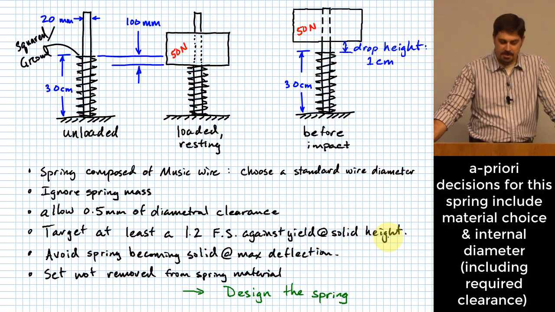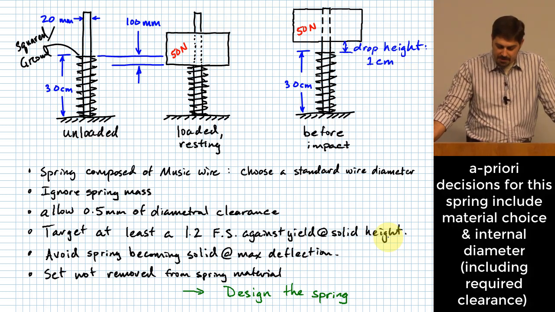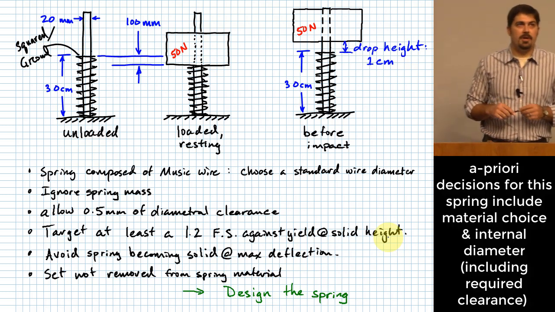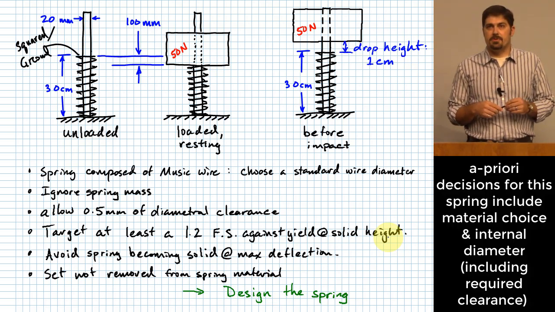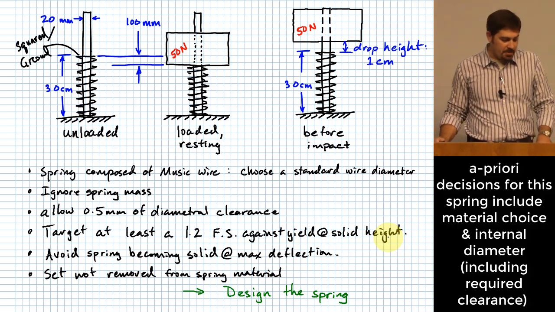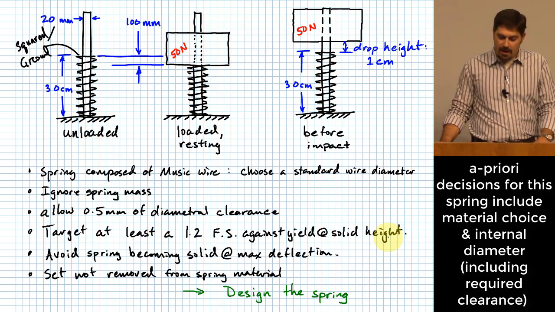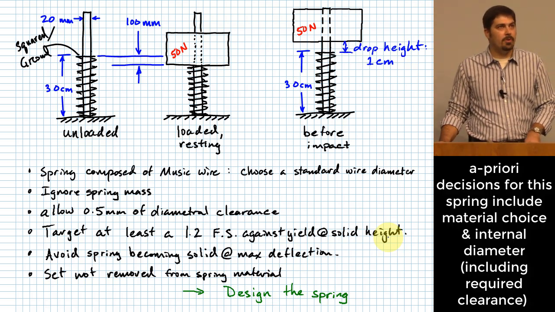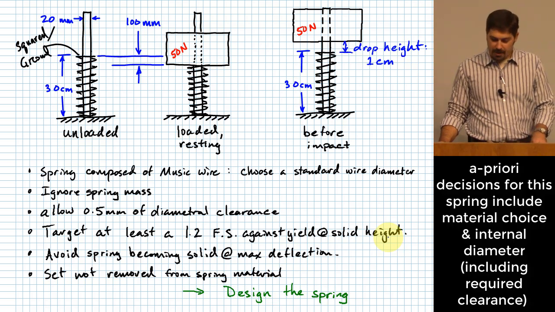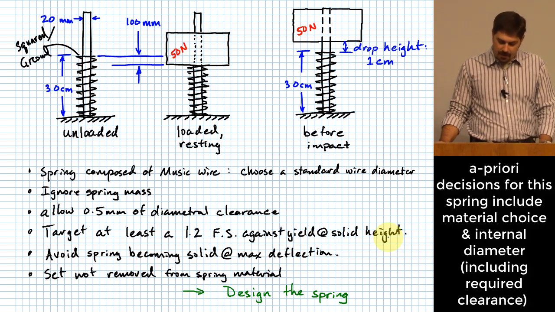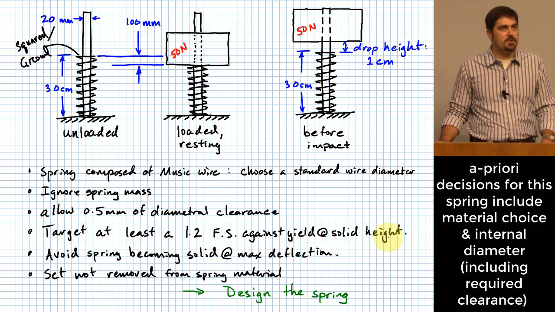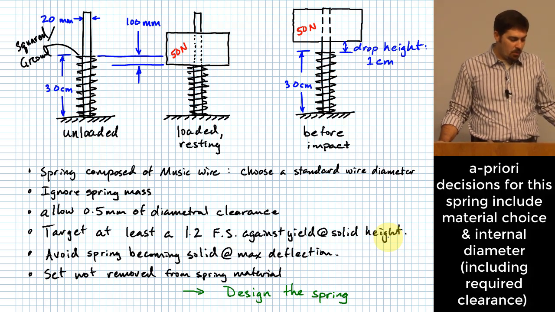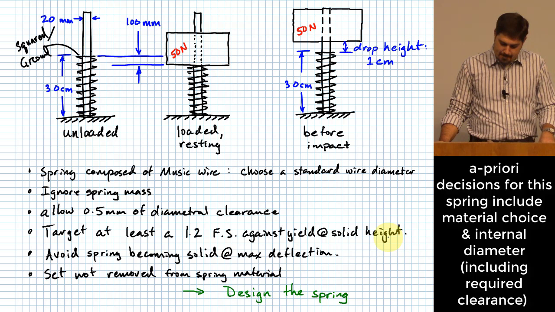On this particular problem, one of the a priori decisions we are making is that we are going to use music wire as the material. Sometimes there's a good reason why you might want to pick a certain type of material before you ever get started. Music wire is a really good choice if you want a relatively inexpensive spring, typically for small diameters, and so that's a common one to use.